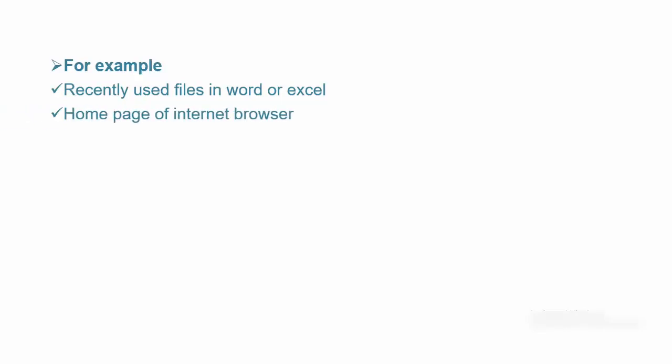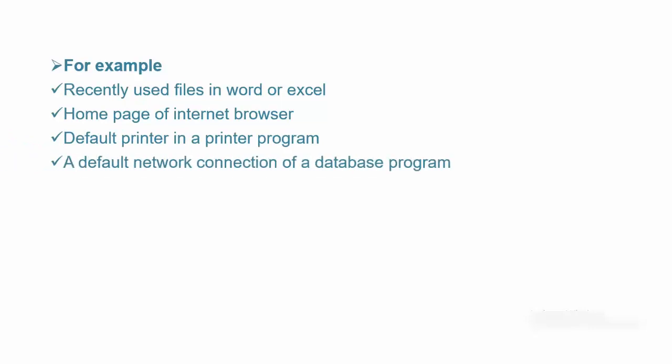Internet browsers allow you to define a home page. A print program often has a default printer. A database program often establishes a default network connection. In all of these cases, data are fetched from somewhere and are used to establish some baseline environment in which the program is to run.